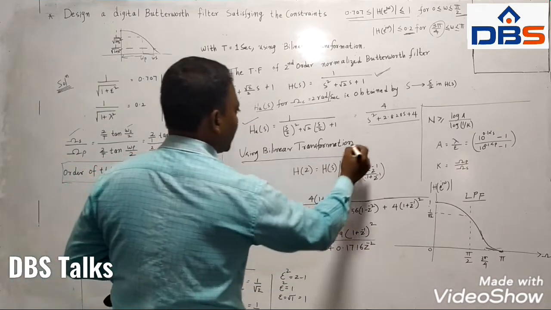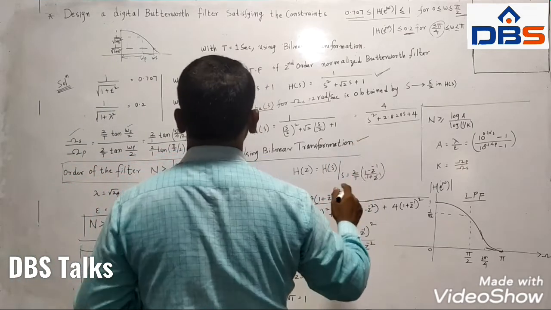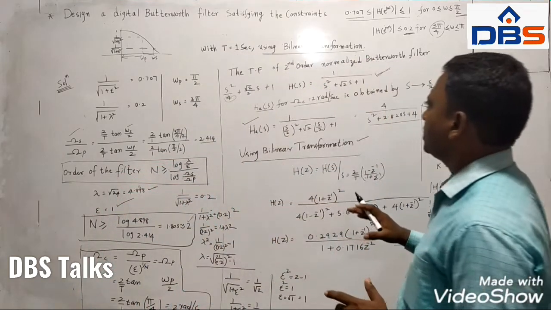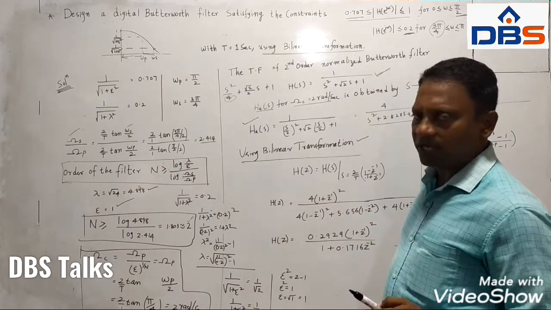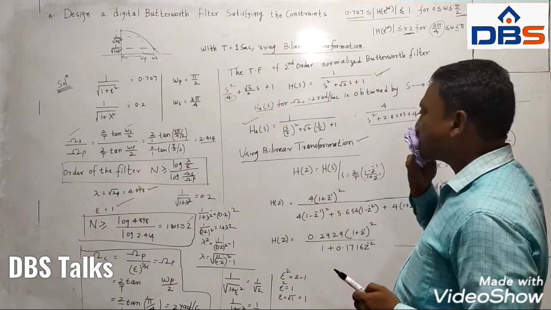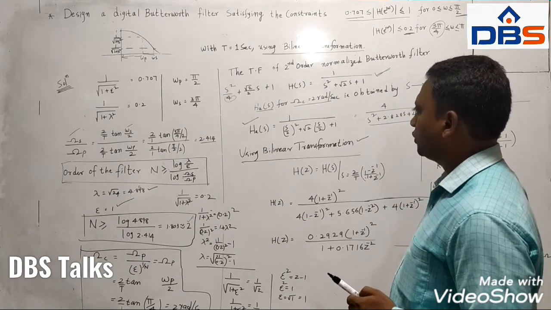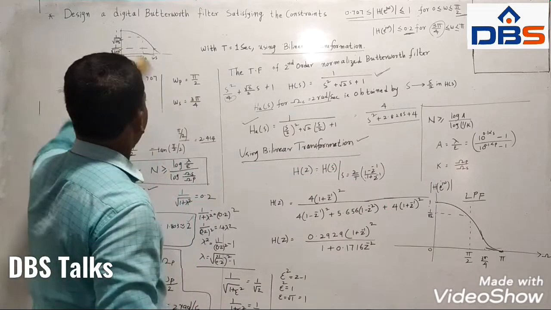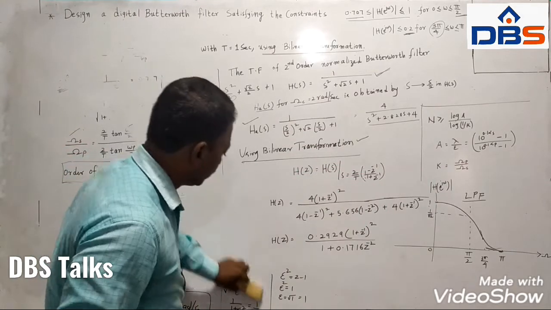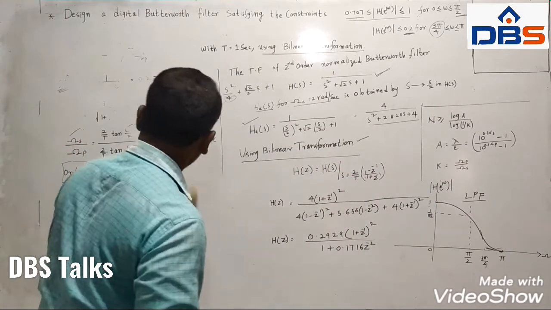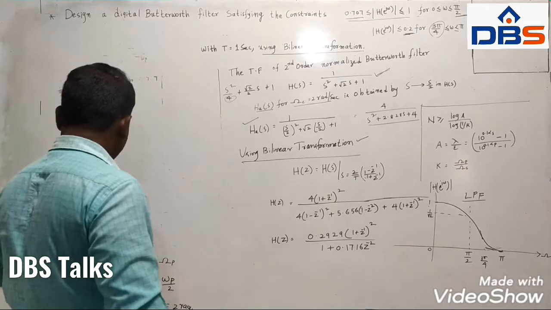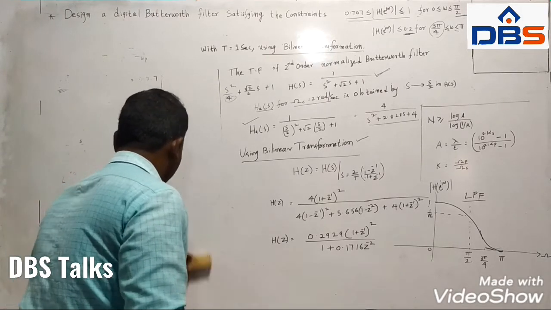Now we have to use a bilinear transformation. That is important. Also, in the problem they will give you a particular method, and here that method is the bilinear transformation method. To design a filter using the bilinear transformation, wherever s is there, we substitute 2 by T times 1 minus z inverse by 1 plus z inverse.